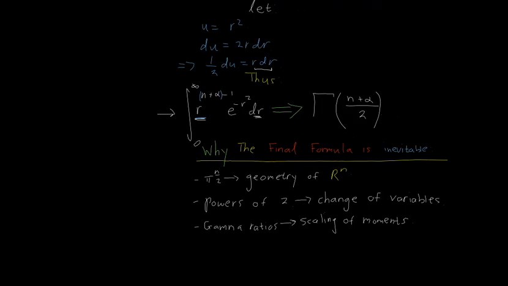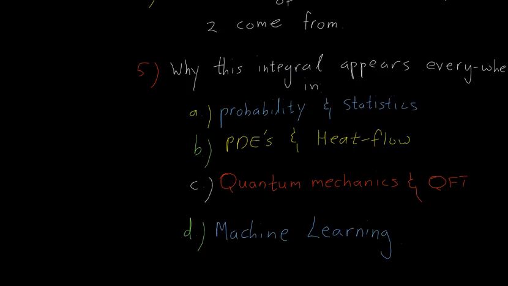Powers of 2 imply chains of variables, which we did. The chains of variables can mean u substitution, integration by parts, polar coordinates, it doesn't matter what it is. Some type of chains of variables is necessary. And then gamma ratios imply scaling of moments.